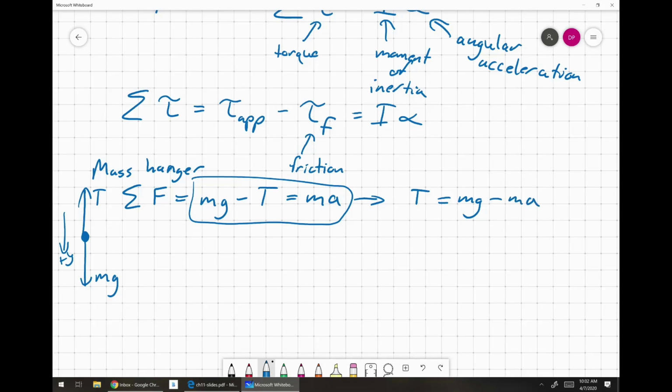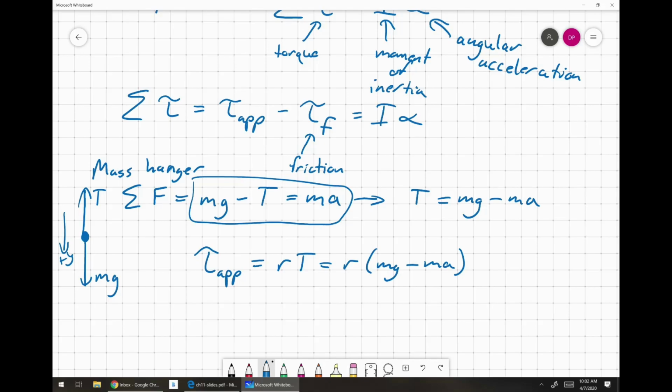So that gives us an expression for our tension, which we can then use to calculate what this applied torque is, right? Our applied torque is going to be the radius of the spool times this applied force, which is what we just computed up here, this tension. So this is going to be R times our tension, which is R times (mg minus ma).